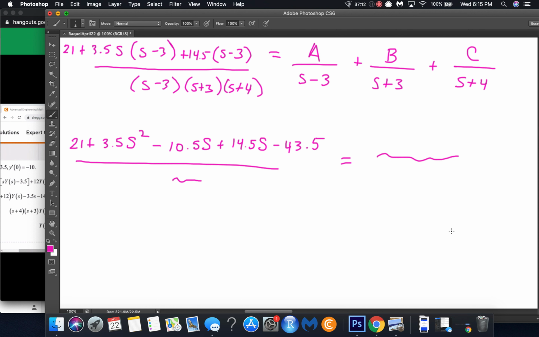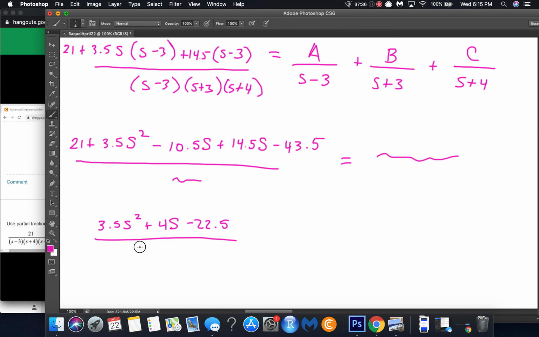And then we add these guys up to make it very simple. So 3.5 s squared. 14.5 minus 10.5 is 4, so plus 4s. And then negative 43.5 plus 21 is minus 22.5. And that's going to give us the same thing.